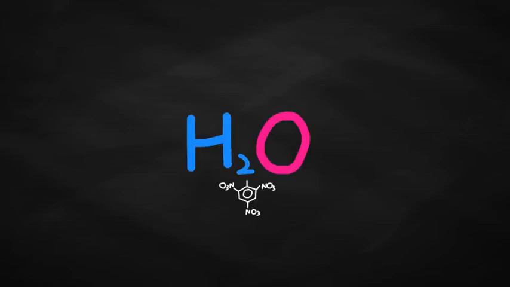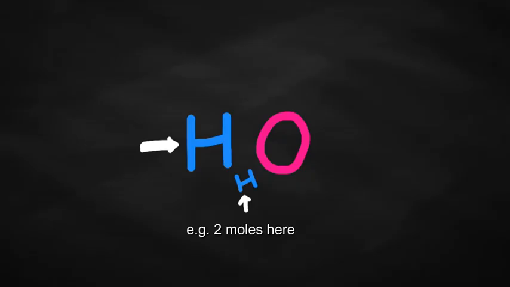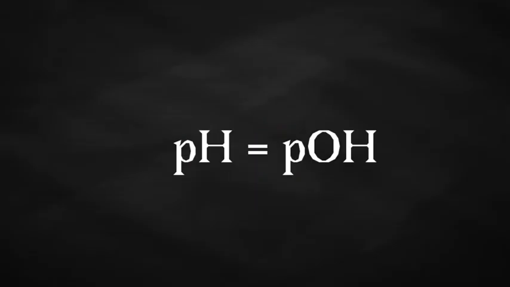To do that, we need to make use of the special properties of water. Water is made up of one hydrogen ion and one hydroxide ion, so for every unit of H plus released, 1 unit of OH minus is released as well. So the pH of water is equal to the pOH of water, and pOH is just a mirror of pH.